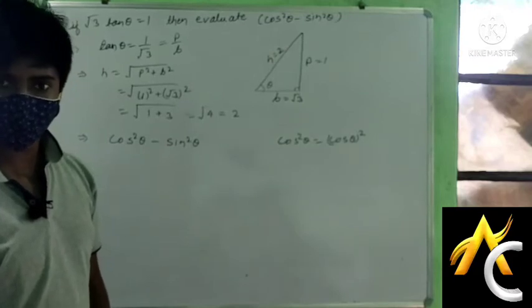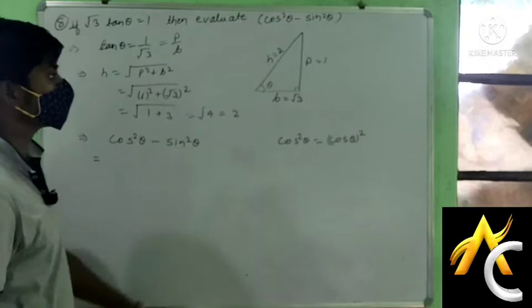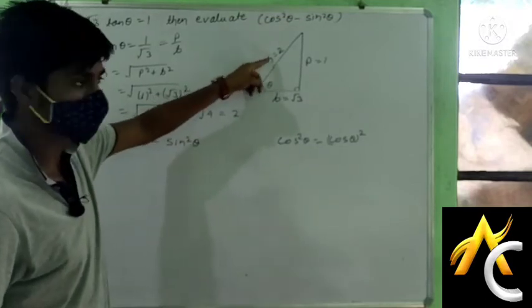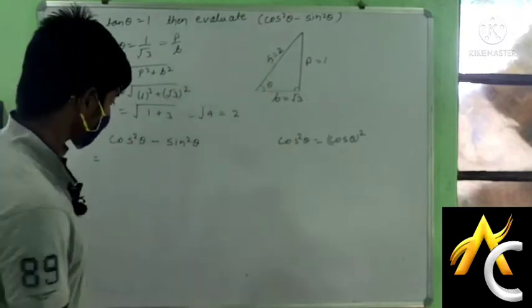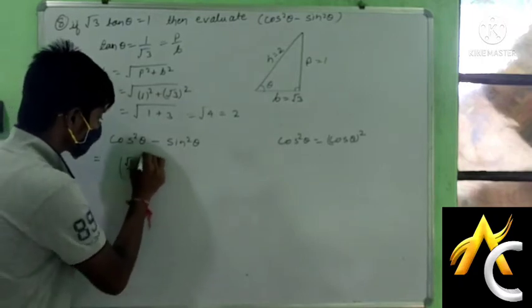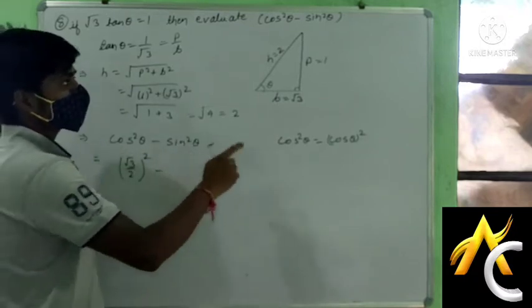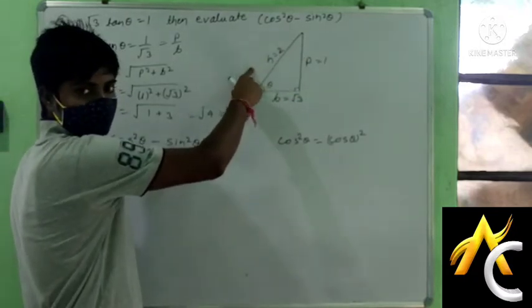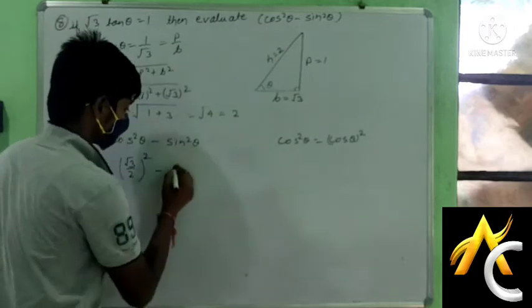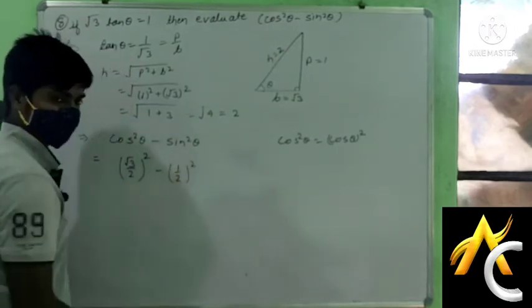Okay, clear? Now as we know that cos theta is equal to B by H, so it will be root 3 by 2, so it will be root 3 by 2 whole square minus sin theta is equal to P by H, that is 1 by 2, 1 by 2 whole square.